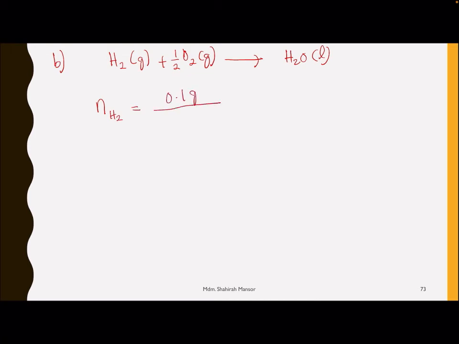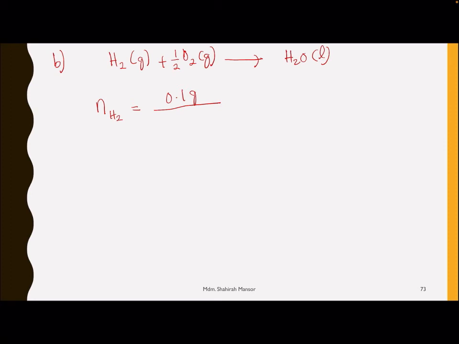So for question B, first of all, write the combustion equation between hydrogen and oxygen gas, and please make sure you have balanced the equation well. So we will have 1/2 over here. Now, we have burned 0.1 gram of the sample.